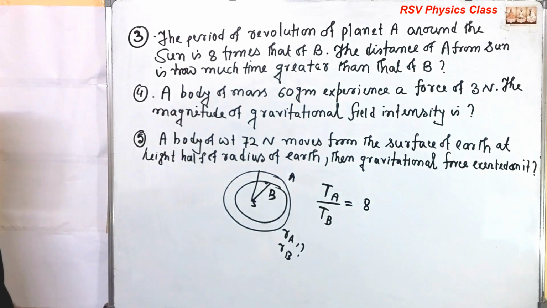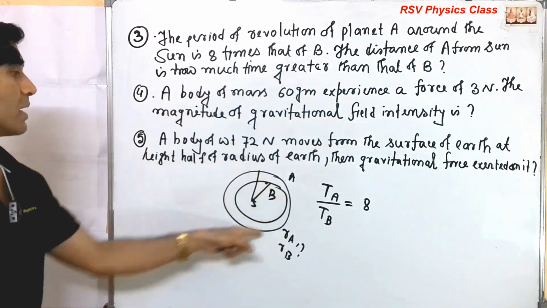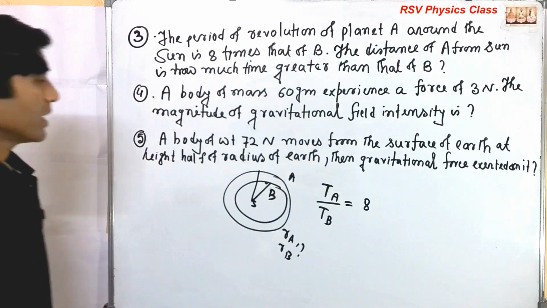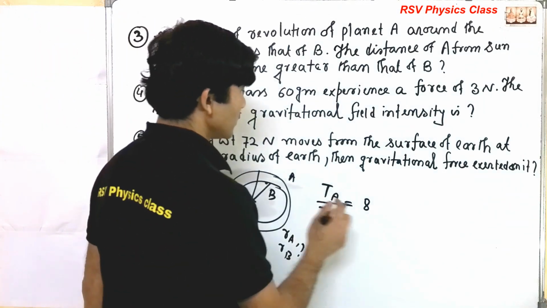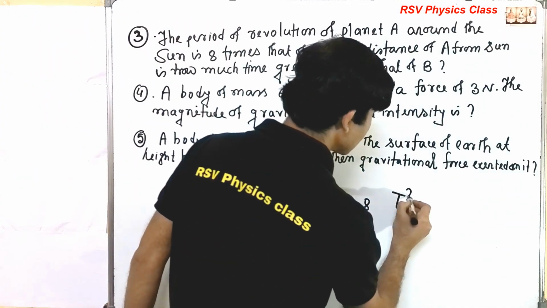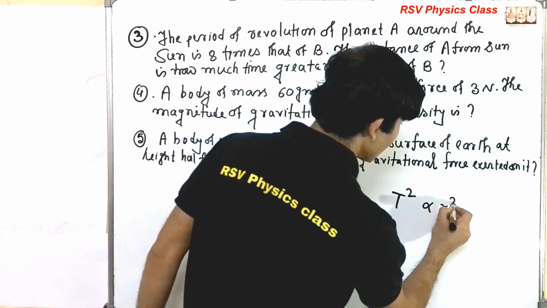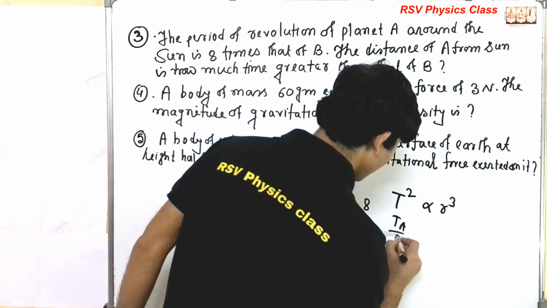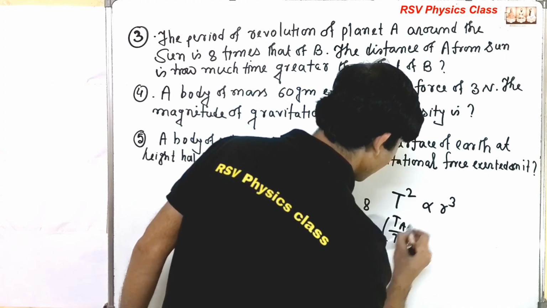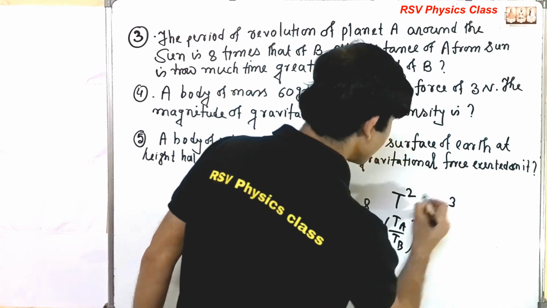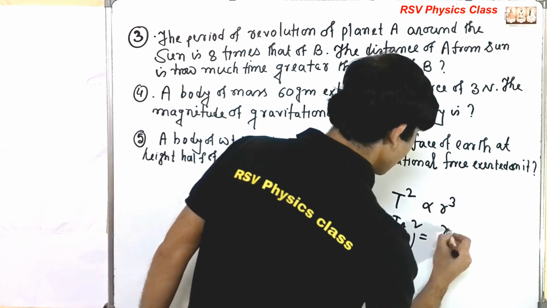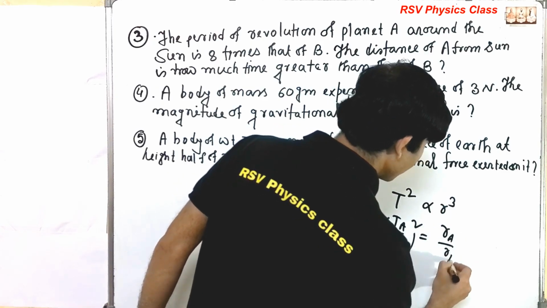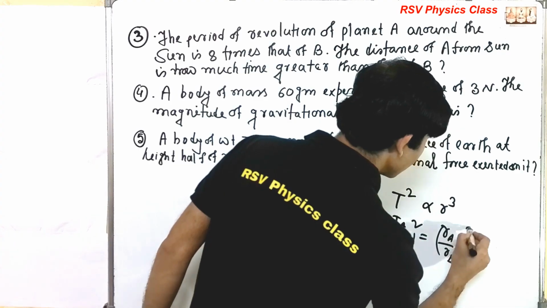So you know if the distance is higher, then the time period will also be higher, right? So you know Kepler's third law, T square is proportional to R cube. Okay, so you can write (TA by TB) square equal to, the proportionality constant will cancel, (RA over RB) to the power cube.